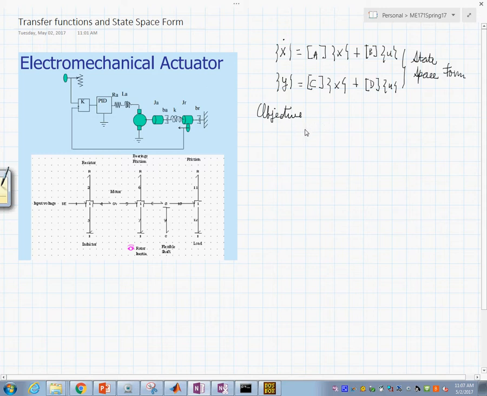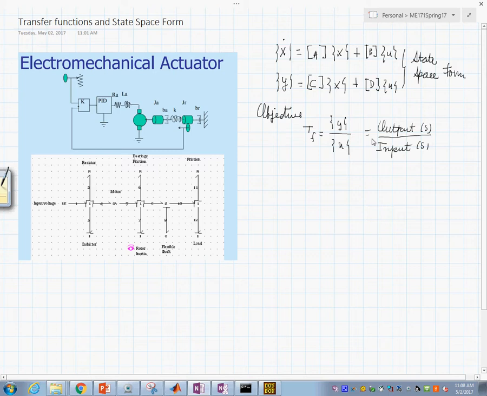In general, a transfer function is going to be an output, which in this case is y, obviously in the S domain, and the input would be this, right? So as a concept, the transfer function is the output in the S domain in relationship to the input. Very good.